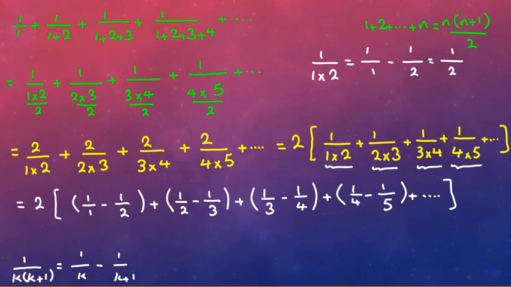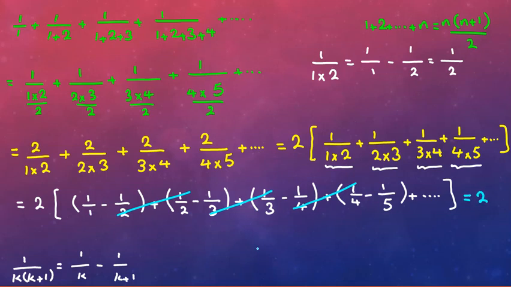So let's see which terms will be cancelled. These two terms will be cancelled, and so on. The last term, 1 over b plus 1, tends to 0 because the denominator is increasing, so the answer is 2.